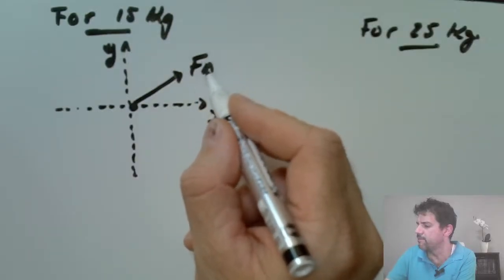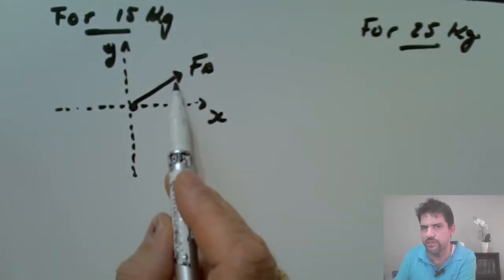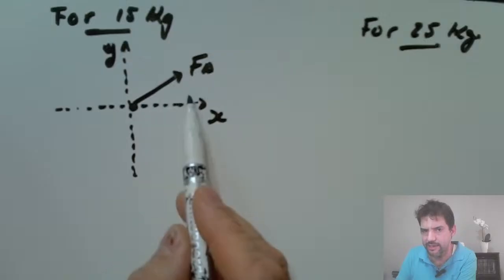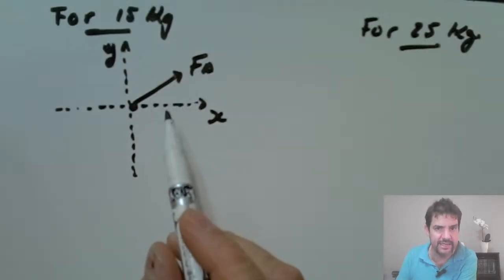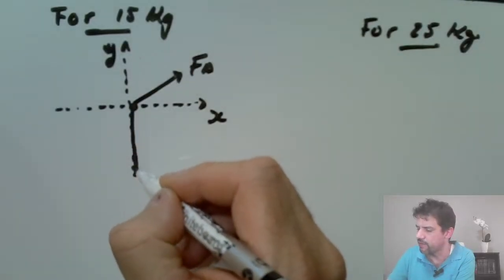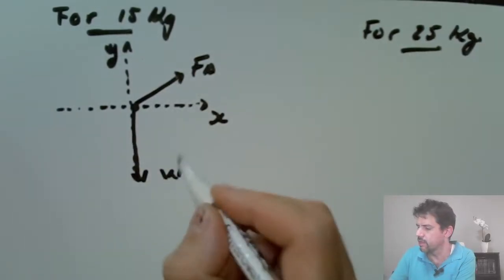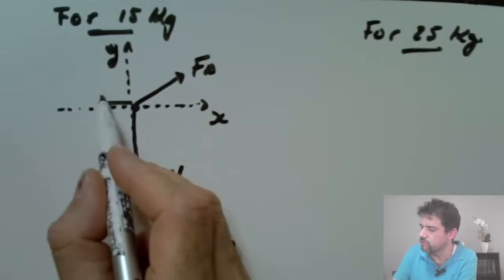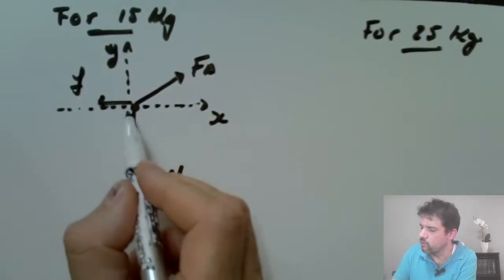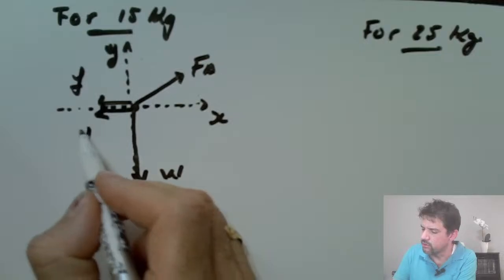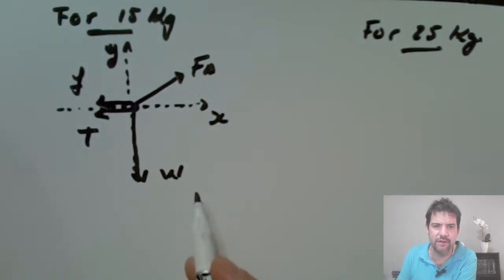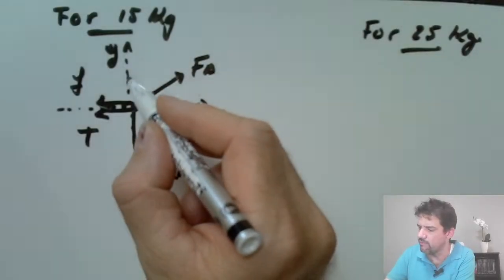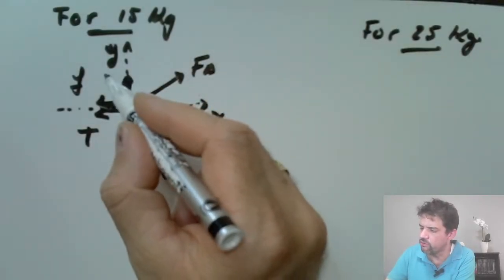Remember, we learned previously that if you have a force that is in between axes, we have to break it into components. We also have here the weight, the friction, and the tension. So back, you have two forces, and we have to point that one out and be careful not to mess up. And then we have the normal as well. So those are the forces that we have.